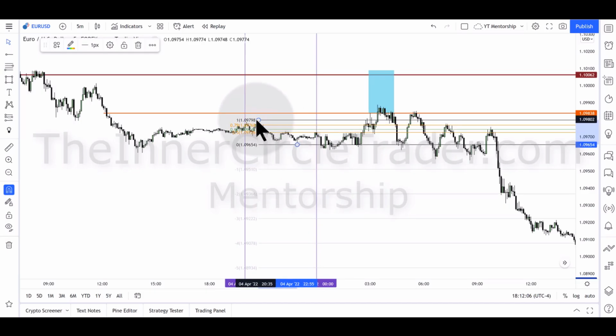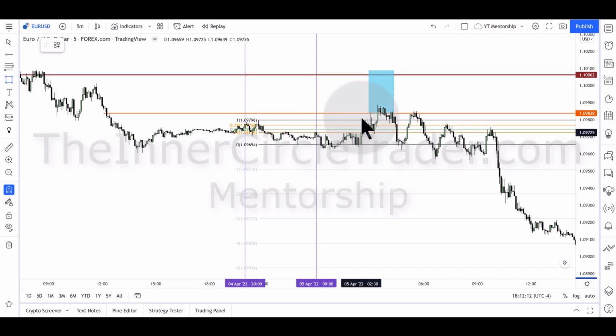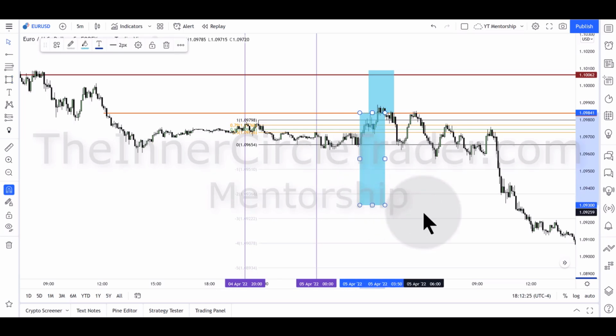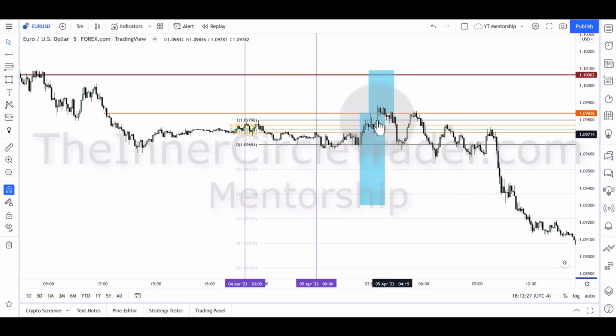You're going to get the wick to tail, and you're also going to do 100 pips. So this is your entry at that level there. So 83.8.